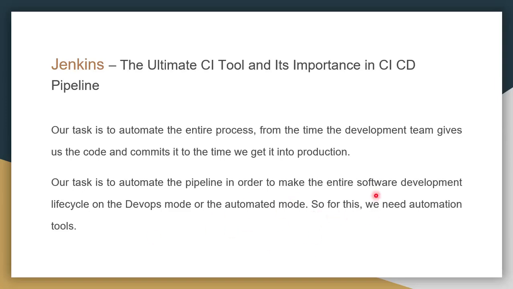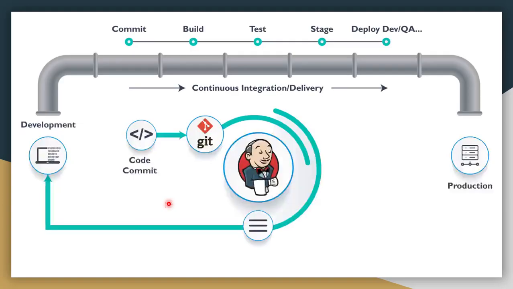So for this, we need automation tools. And again, we can see here Jenkins and Git together. Git is a repository, and Jenkins again is that automation framework. So we could see developers are working, committing their code to the repository, and then from the repository out to Jenkins. And then Jenkins looks to automatically commit and then run that build where it goes from source code to an executable file for that operating system.